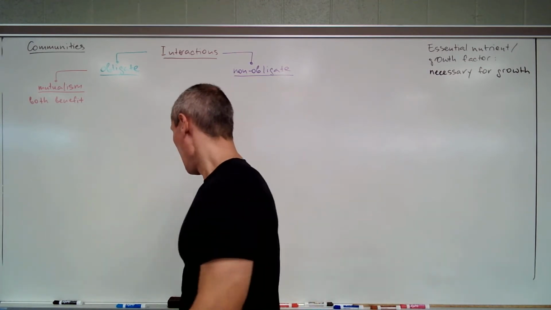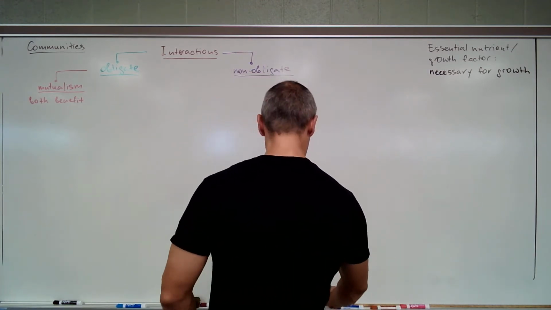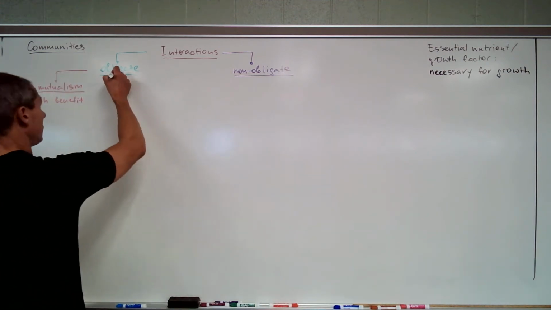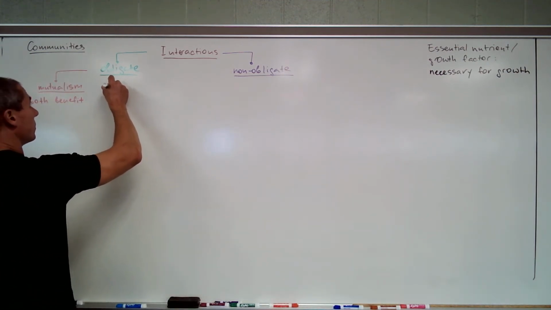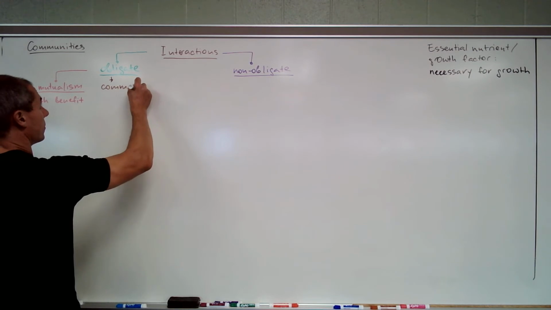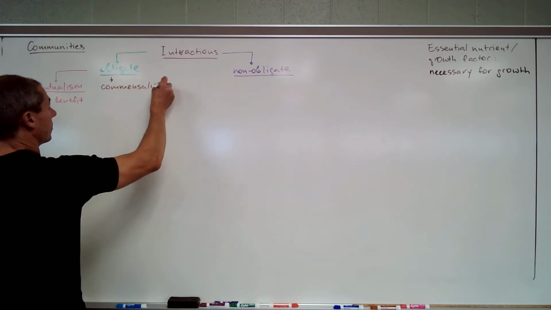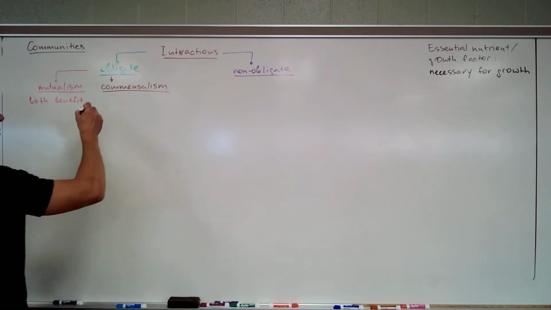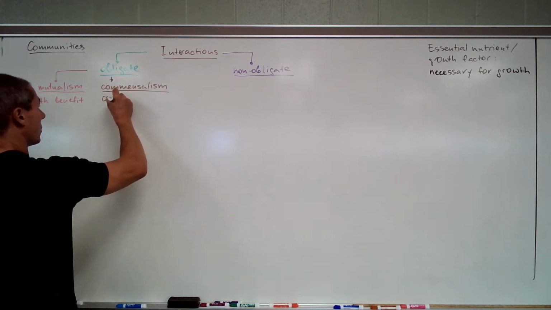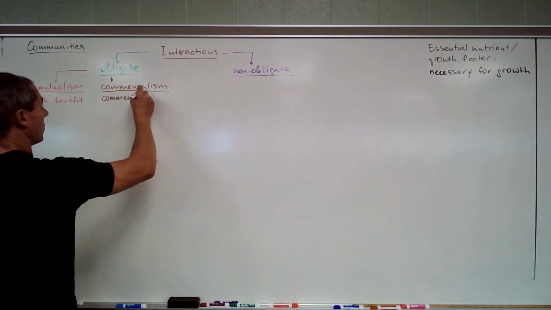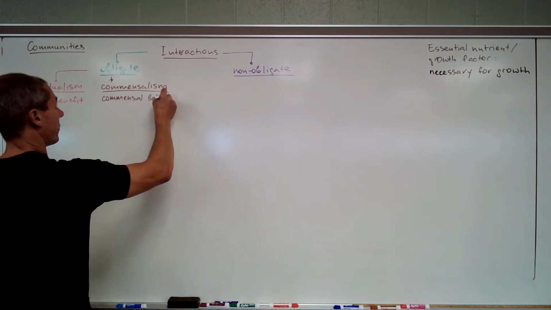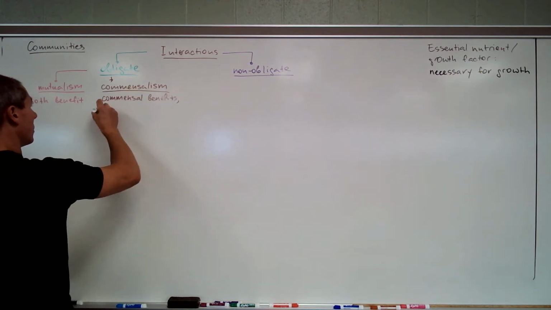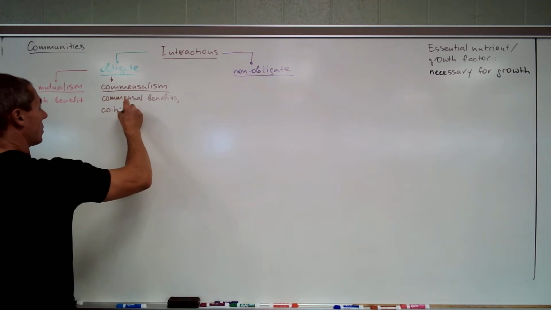Okay. Second type of interactions here is called commensalism. In commensal relationships, commensal benefits, cohabitant doesn't care.